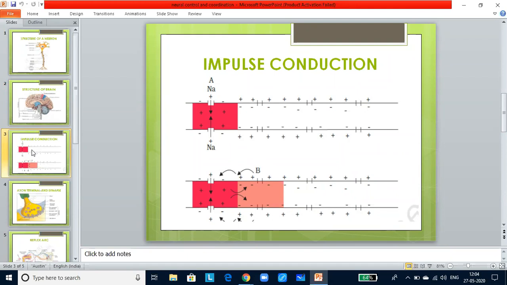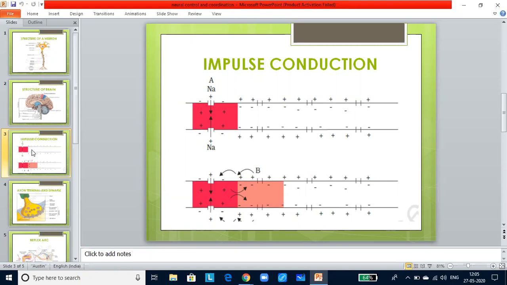The axoplasm inside the axon contains a high concentration of potassium and negatively charged proteins and a low concentration of sodium. In contrast, the fluid outside the axon contains a low concentration of potassium and a high concentration of sodium, and it forms a concentration gradient.